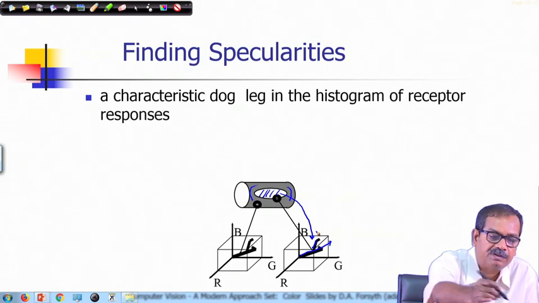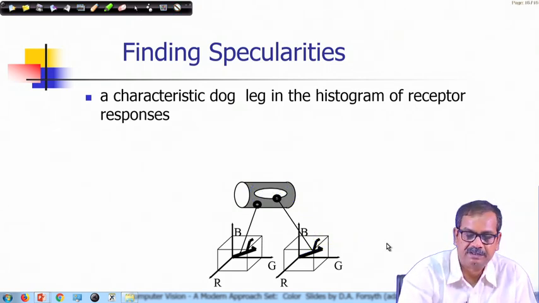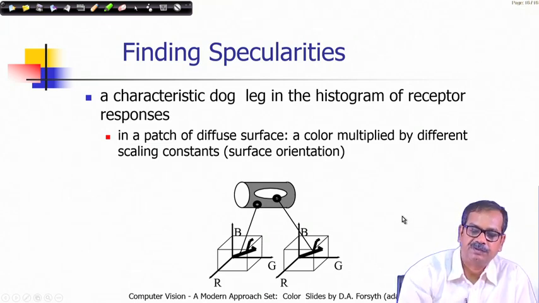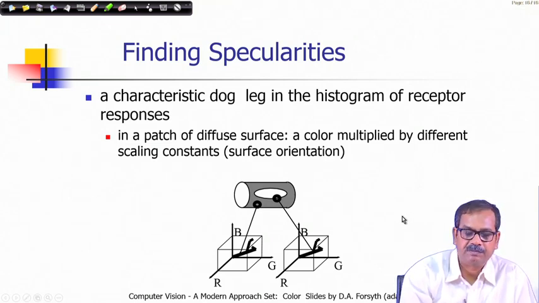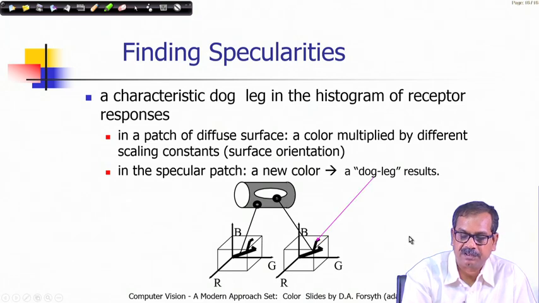You observe this structure when we plot this color in RGB space. So, in a patch of diffuse surface, a color is multiplied by different scaling constants, and in the specular patch a new color appears, and as a result you get this dog leg in this diagram.